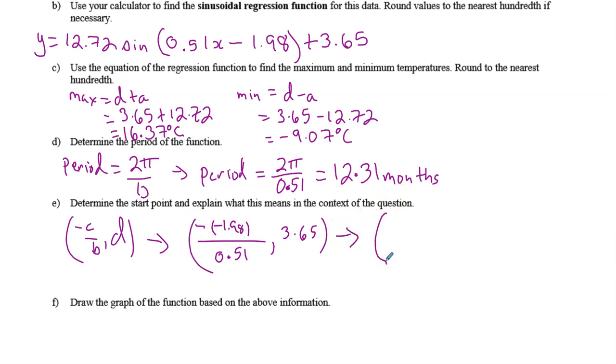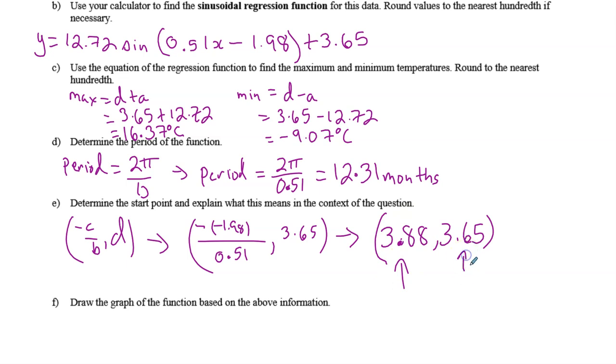Okay, so I'm going to use my calculator, and I'm just going to put 1.98. I know it's positive. Divided by 0.51 is 3.88. So 3.88, 3.65.